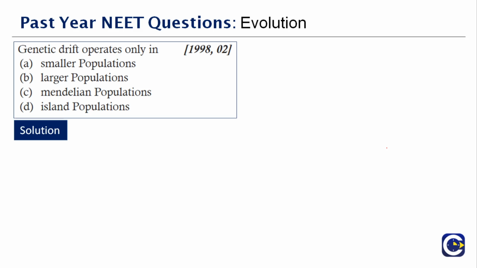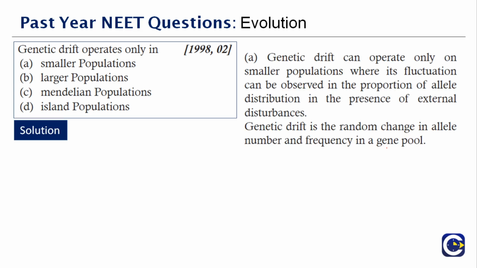So genetic drift is a variation in the relative frequency of different genotypes in a small population that is due to the change in disappearance of particular genes as individuals die or do not reproduce. So where does it operate? It operates only in smaller populations. Okay, it's a random change in the allele number and frequency in the gene pool. So it will operate only in smaller populations.